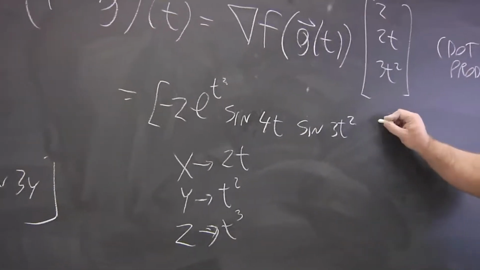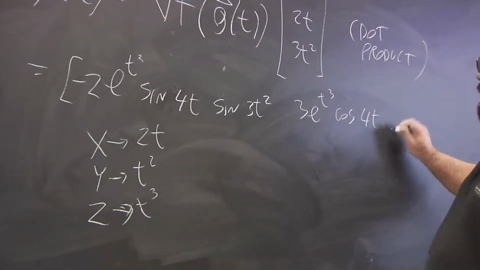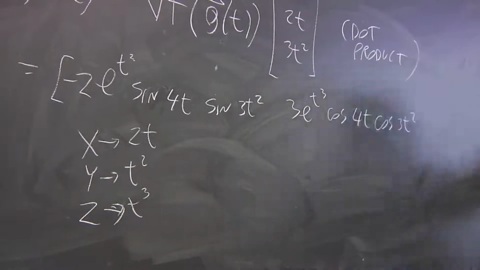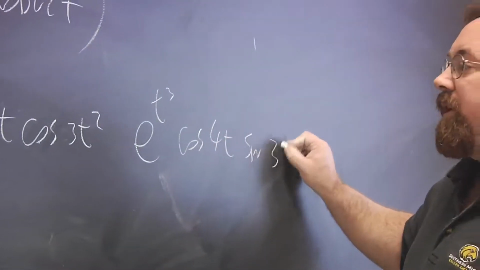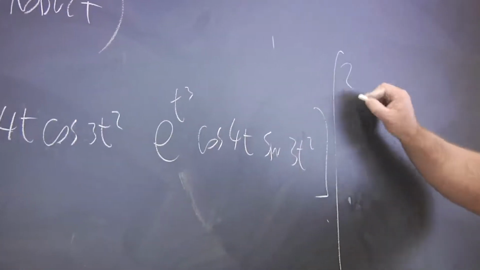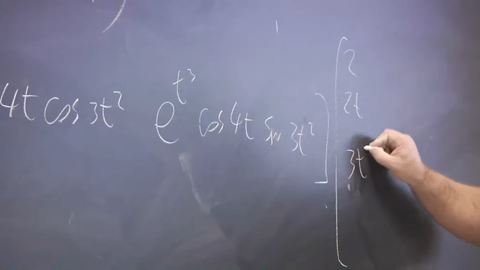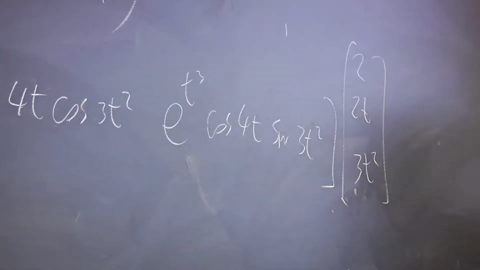All right, so then we have 3e to the t cubed cosine 4t cosine 3t squared, and then finally e to the t cubed cosine 4t sine 3t squared. All right, so that's a row vector dot product with the column vector 2, 2t, 3t squared of derivatives of g. Actually, they're just ordinary derivatives because it's a function of one variable.